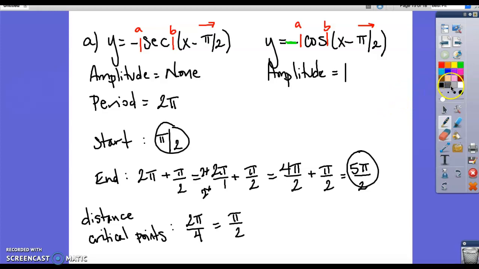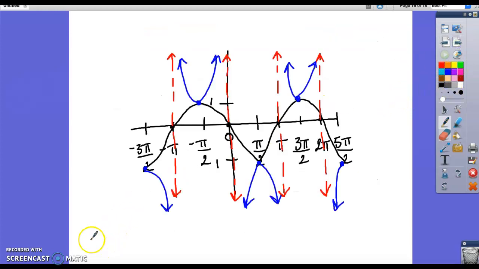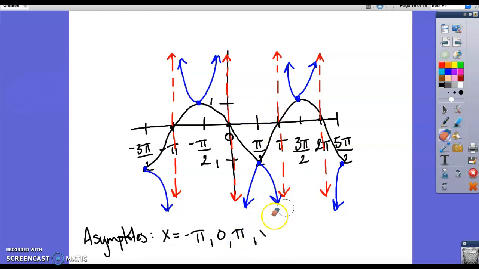I don't really have room on that page, so I'll just write them on this page. Okay, asymptotes. Right, they're vertical lines at x equals negative pi, x equals 0, x equals pi, and x equals 2 pi. So those are the equations of my asymptotes.